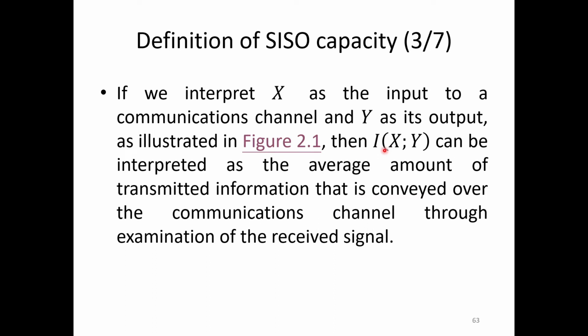Then I of xy can be interpreted as the average amount of transmitted information that is conveyed over the communications channel through examination of the received signal, that is Y. And the transmitted information is X.